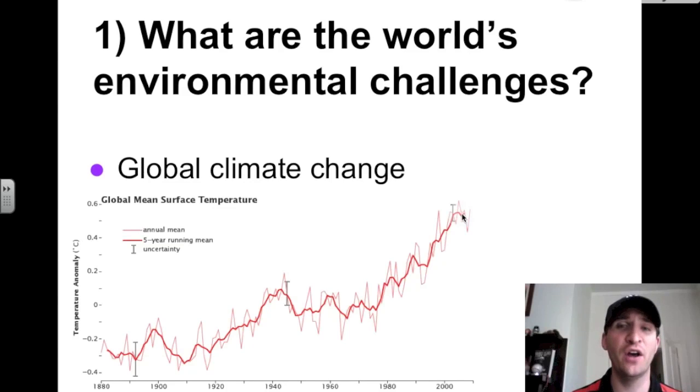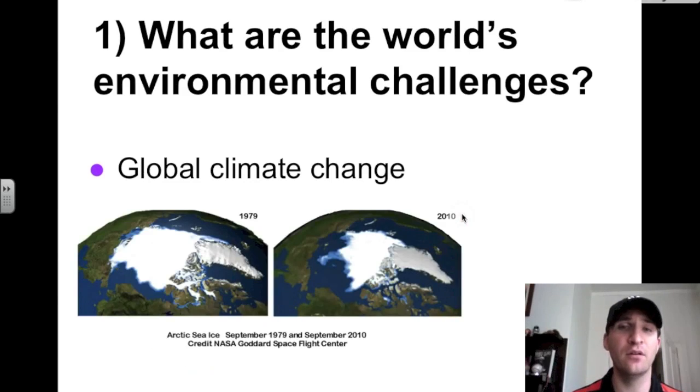Here's another map. This compares 1979 to the year 2010, and it compares the Arctic sea ice. Look at the amount of sea ice in 79, compare it to the year 2010. Our sea ice is melting, and we can say that's because of global climate change.